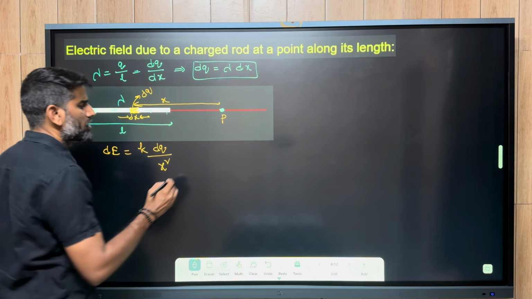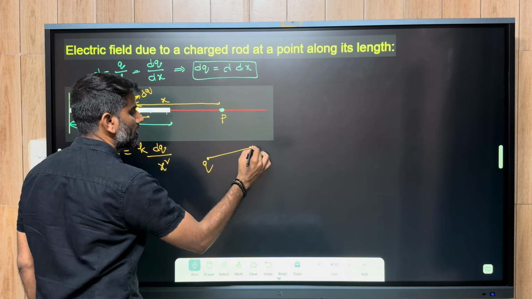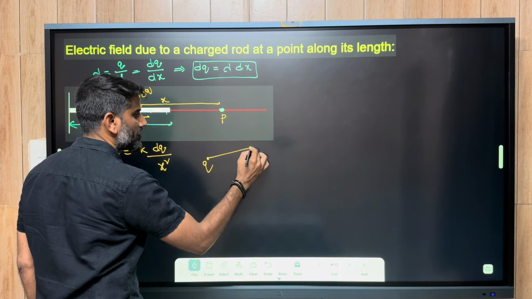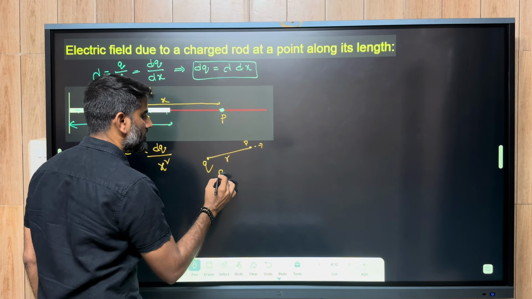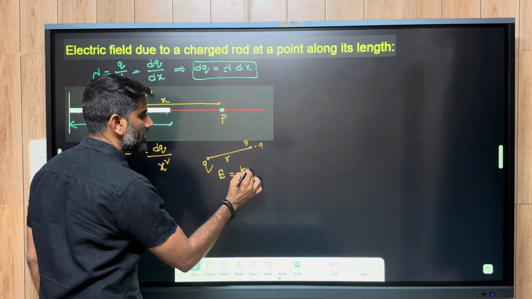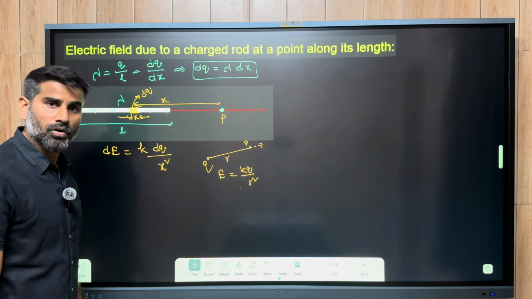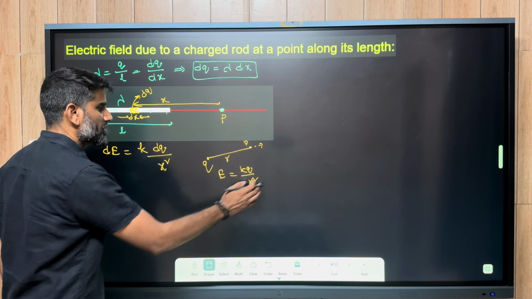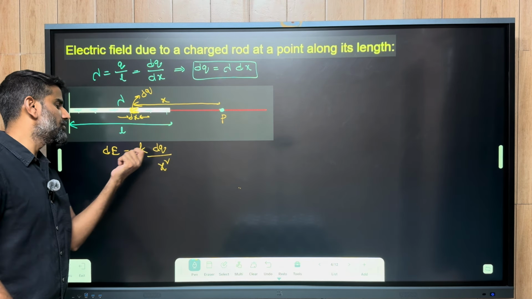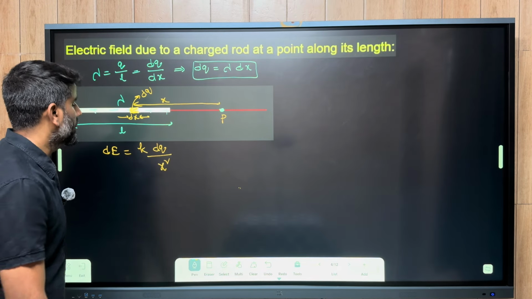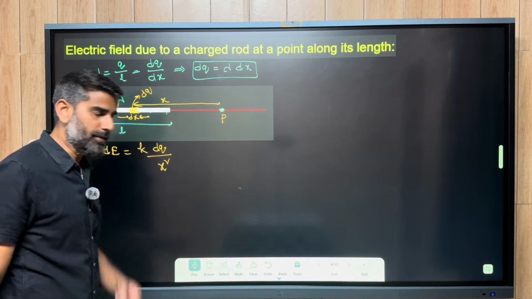As we already know, if we have charge q and we are asked to find the electric field at a point p at a distance r, then the field formula is k q by r square. The same expression goes here. Electric field due to the small element is dE equal to k dq by x square, where x is the distance of the point of interest from the small element.